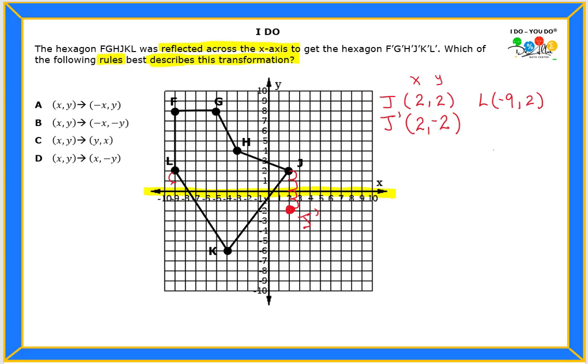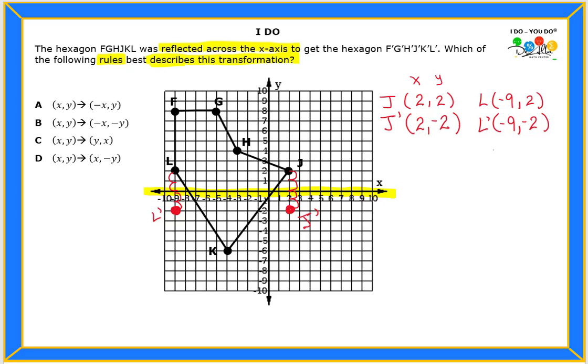And it's going to walk 1 and 2. But you're not going to stop there. You want to cross the x-axis because it is a reflection across the x-axis. So we're going to count as many steps as we just walked. That's 2. So this will be my new L prime. Okay? So L prime will be, it's still negative 9, but now it's a negative 2.